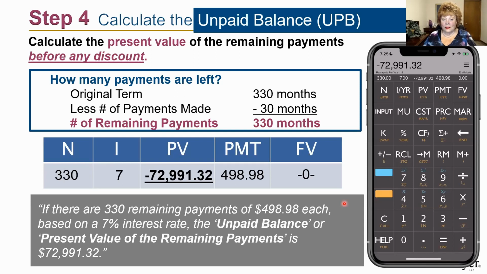In this case, it says that if there are 330 remaining payments of $498.98 each, based on 7% interest, the unpaid balance or present value of the remaining payments is $72,991.